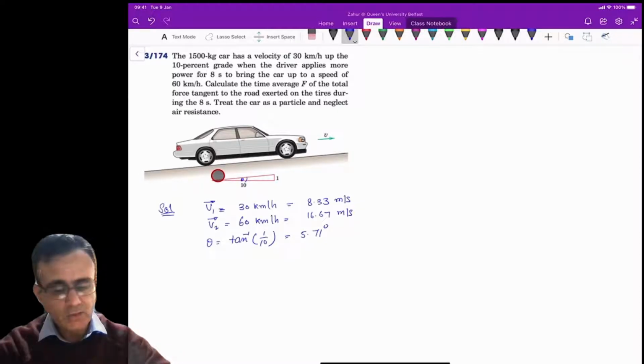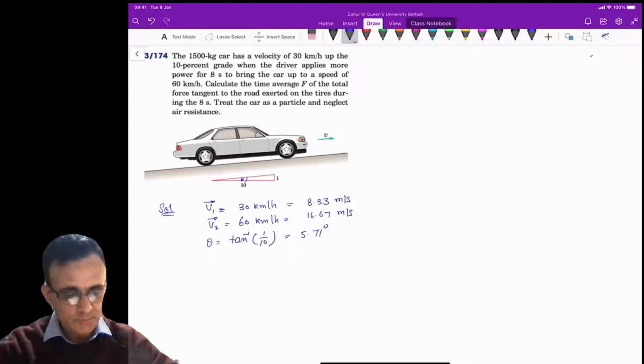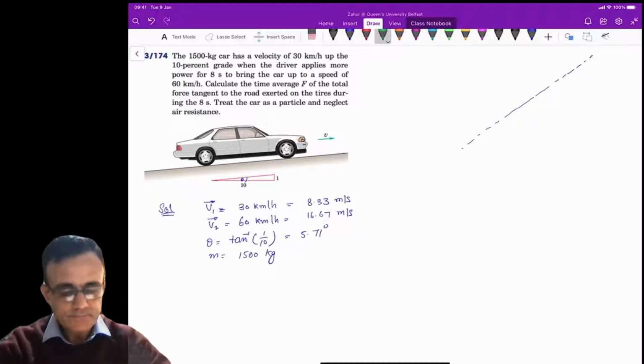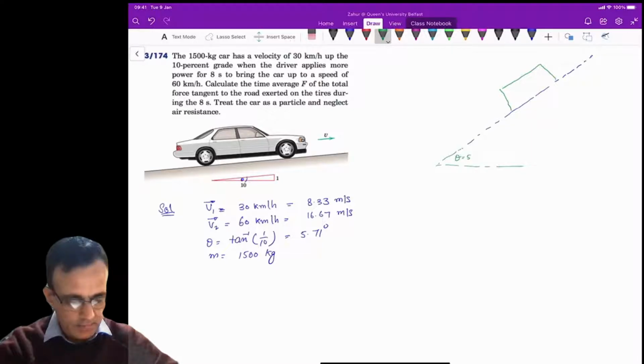And now we need to solve this problem, but we need to identify all the forces which are acting on this case here. And again you are given the mass of the car, which is 1500 kilogram. So you can take the car on this inclined road, and this angle here is given, which is 5.71 degrees.